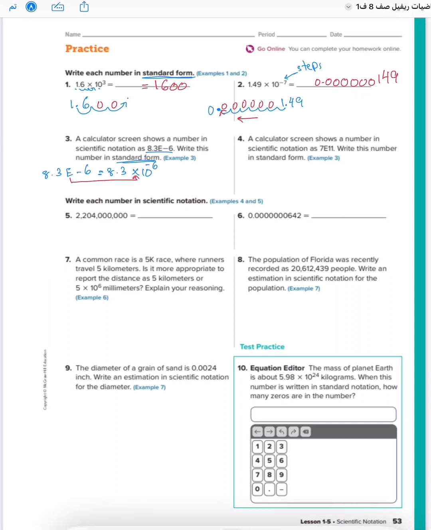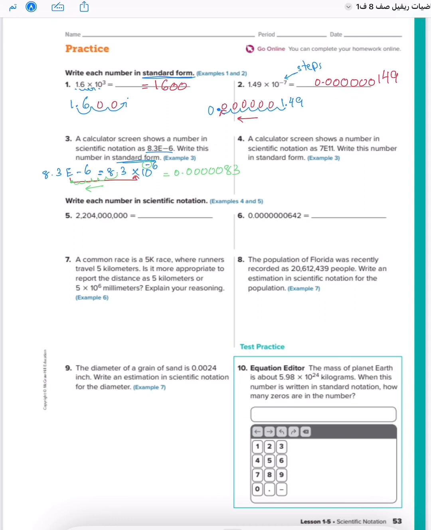Because the power is negative, the number must start with 0. So how many steps? 6 steps. This is 1, 2, 3, 4, 5, 6. So 0 point, we miss 1. So how many zeros? 5: 1, 2, 3, 4, 5, then 8 3. Okay? Move it this side.